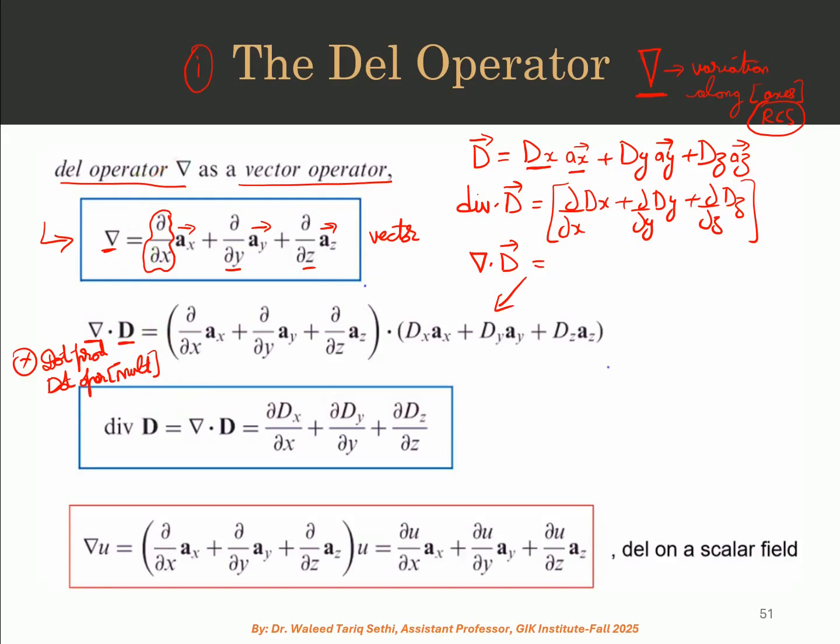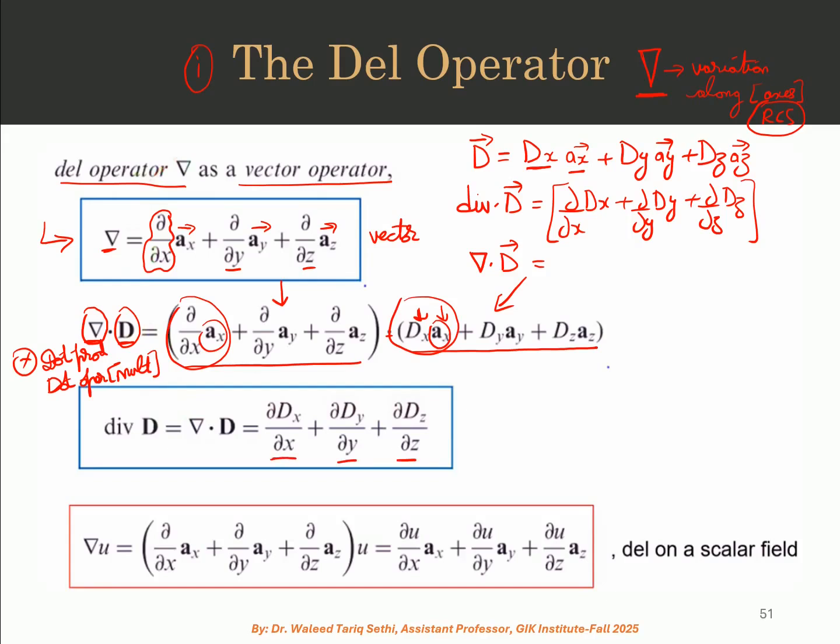When we multiply the del operator with the electric flux density, we multiply the del operator's terms with the components of vector D, having the scalar and vector notation. You multiply the partial derivative with respect to x with Dx, so the unit vector ax and ax becomes equal to 1, and you get the first term. Then you add the second term and you get the third term.